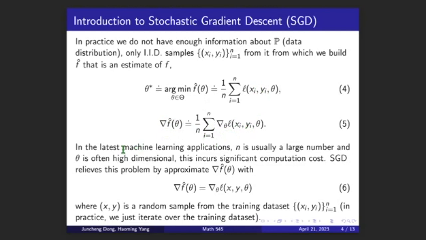However, in the latest machine learning applications, n, the number of data, is usually very large, and theta is often high dimensional. This can incur significant computation cost because you have to compute the gradient at n training samples. So SGD relieves this problem by approximating the gradient of f hat with a random pair x, y from the training dataset instead of averaging over all the samples in the dataset.